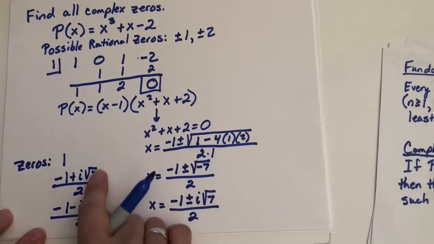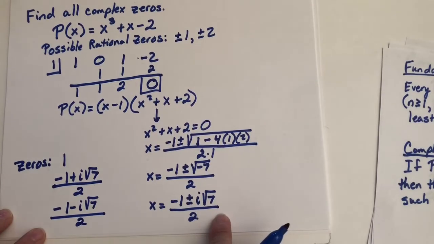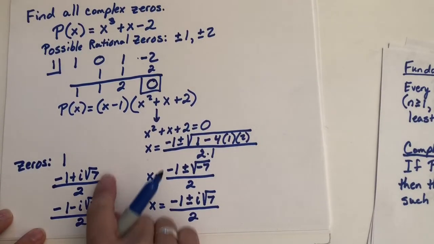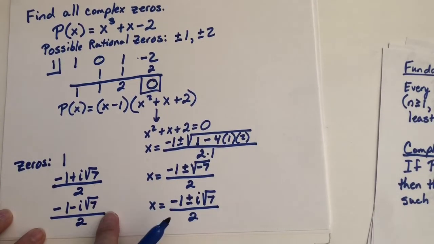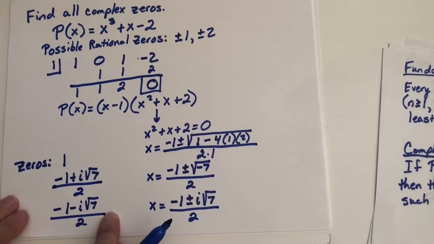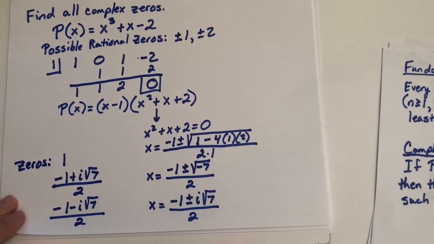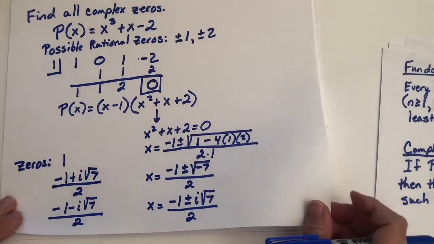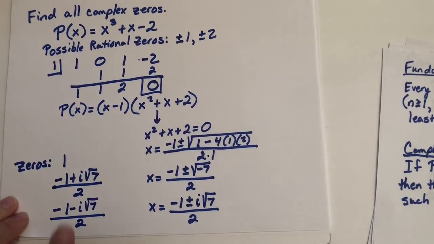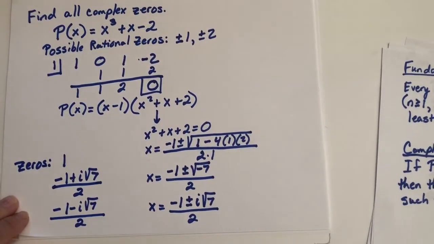And I wanted to point out that this quadratic formula generated these two numbers that were conjugates of each other. And that brings me to this theorem. And before we get to the theorem, do notice that we had 3 zeros for this third degree polynomial.